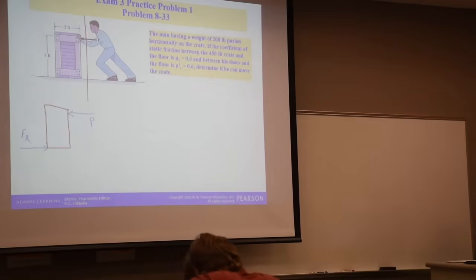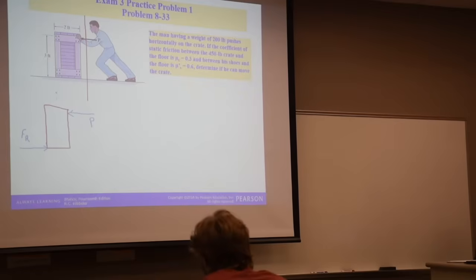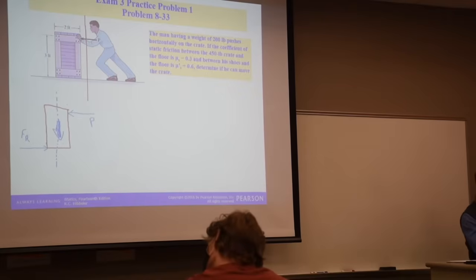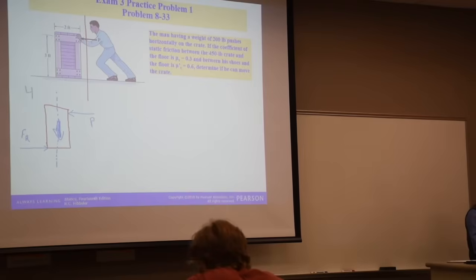Now, here's what's going to happen. Usually when we do this, we're going to assume that the weight is going down, right? Of the box. And that is 450 pounds. Why did I put the weight here, in this location?